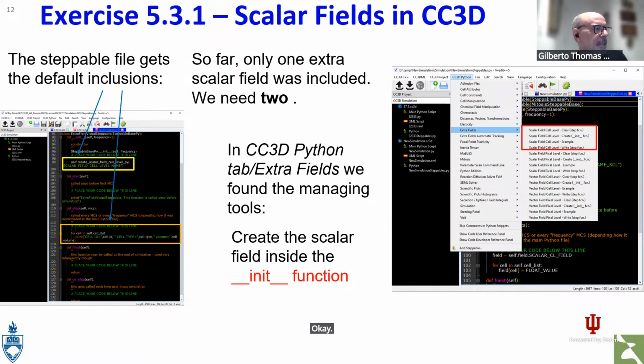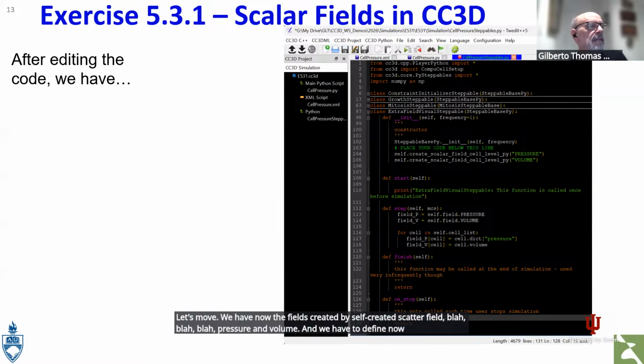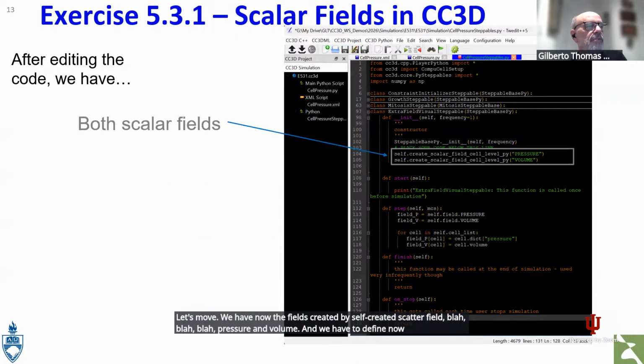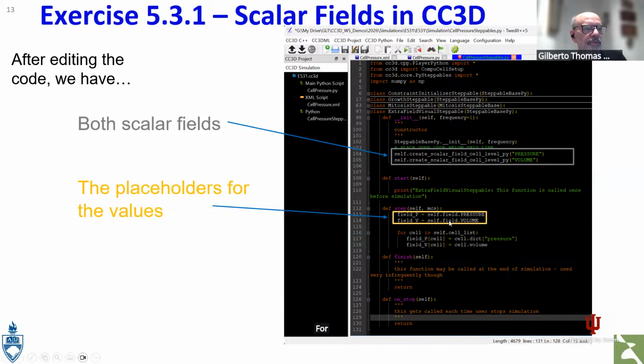So let's move on. We have now the fields created by self.create_scalar_field, for pressure and volume. And we have to define now the placeholders for the fields themselves.